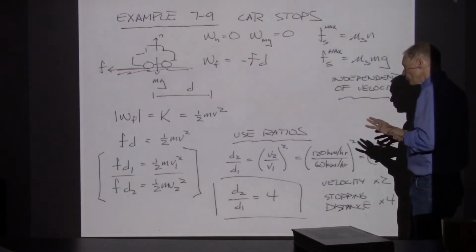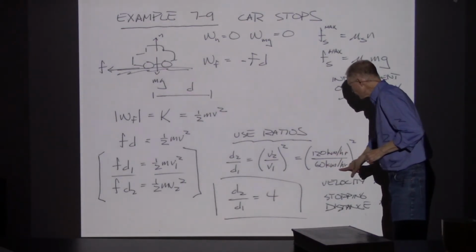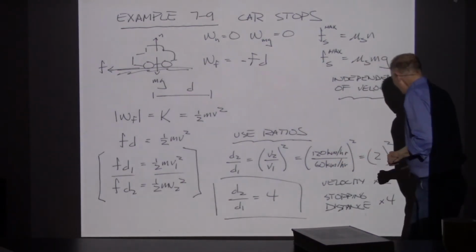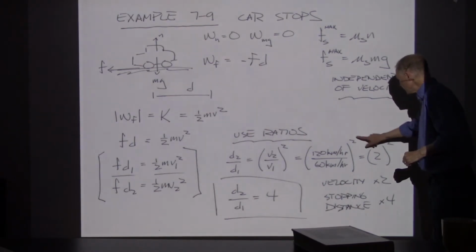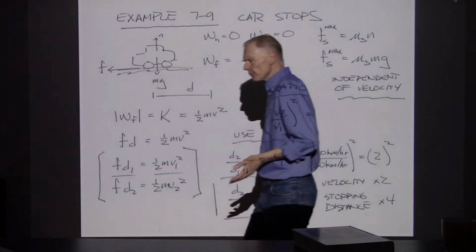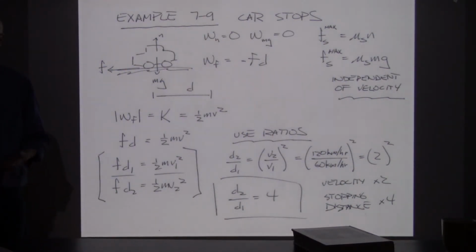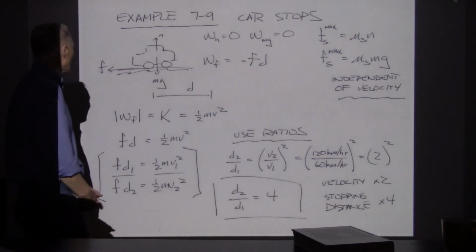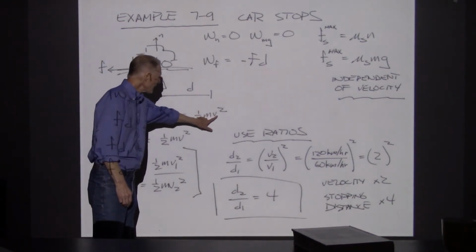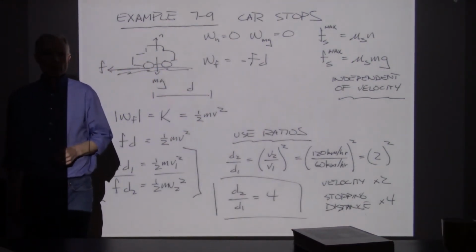Now, the velocities they gave us were 120 kilometers per hour versus 60 kilometers per hour. That's a factor of 2, and it's going to get squared. So that's kind of interesting. If we think in energy terms, a car going twice as fast, how does that relate to the kinetic energy? If a car goes twice as fast, it'll have 4 times as much kinetic energy.